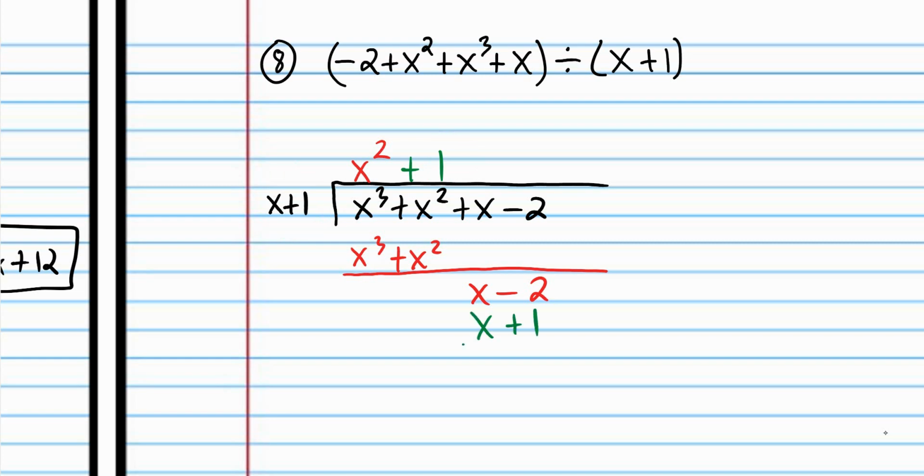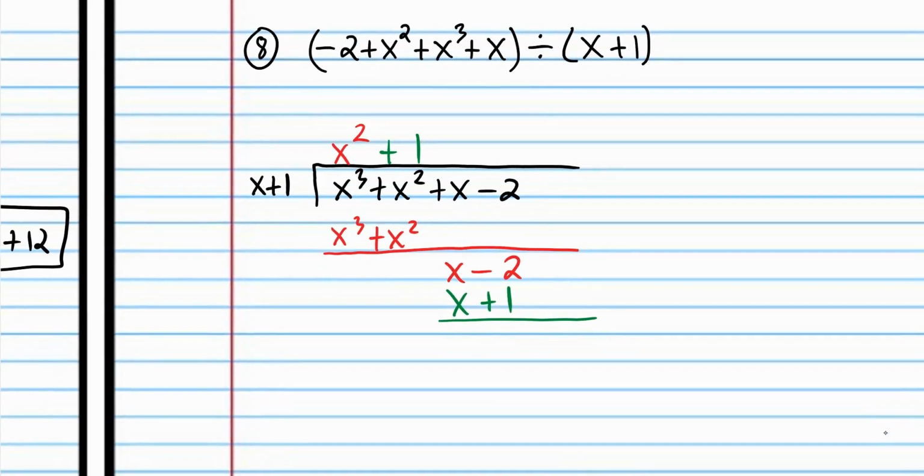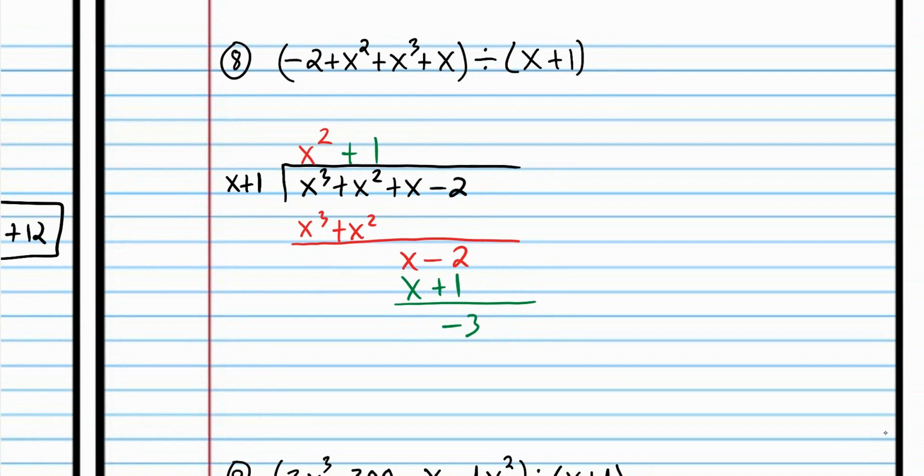And step number 3, we're going to subtract. And x minus x is nothing. That's the way it should be. Negative 2 minus 1 is negative 3. So in that problem, we only went through 2 cycles. It was only necessary to go through 2 cycles. And it's always good to go back and check, make sure we did everything correctly. Looks like everything is right.